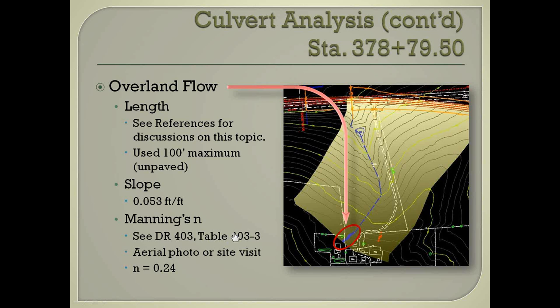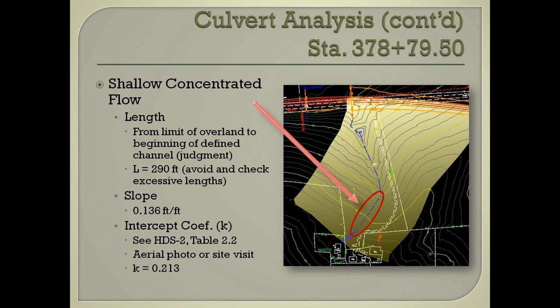With those parameters entered into the hydraulic toolbox, you can get your first time of concentration for that length of flow. Your second part is your shallow concentrated flow. You'll need your length and your slope. Again, we have this elevation here, and an elevation there, so with the length, we have our slope. Then you also need an intercept coefficient.